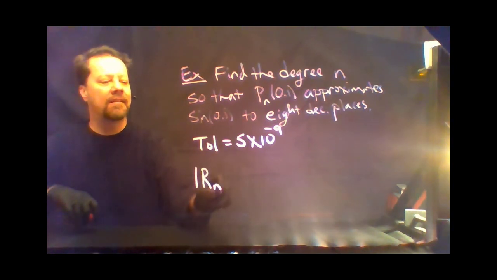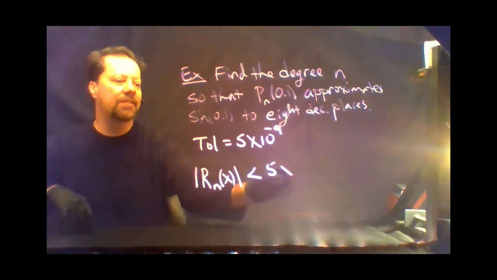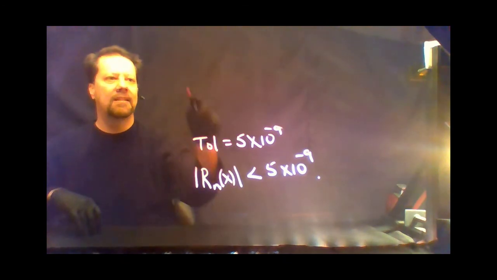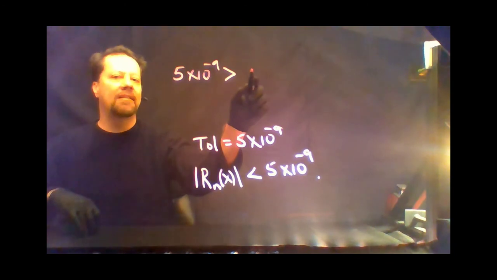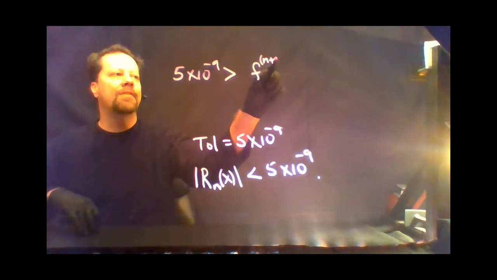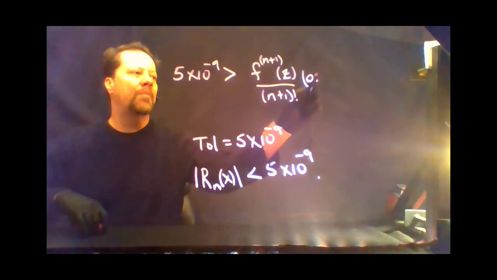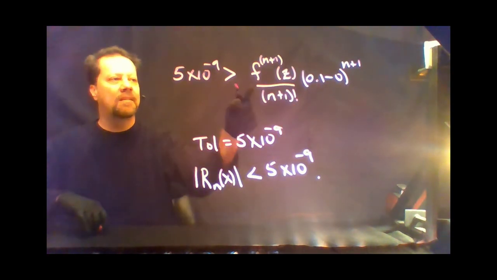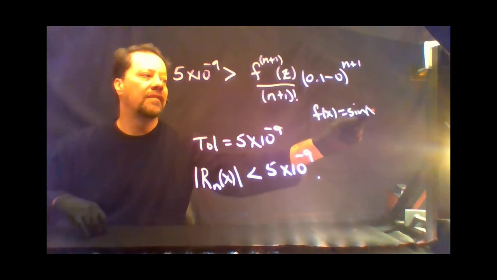We require then that the remainder be within this tolerance for error. This gives us 5 times 10 to the negative 9 is greater than the absolute value of the n plus first derivative at z, divided by n plus 1 factorial, times 0.1 minus 0 to the power n plus 1. The function here, f of x, is the sine function.